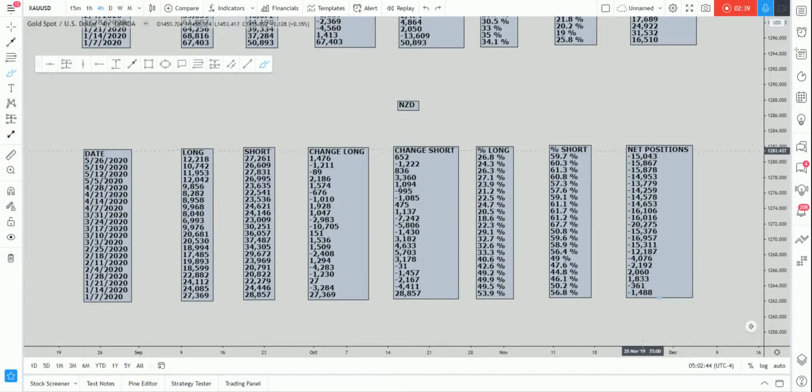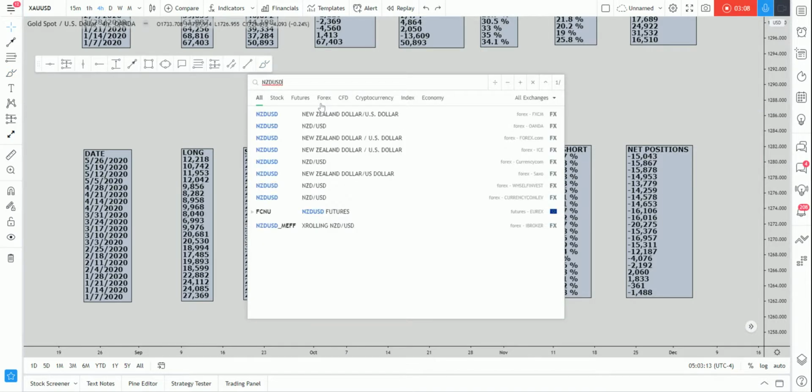Now, what we can see is that overall we are sitting at minus 15k net positions from the 2k positive net positions that we had here, meaning that we went from having more longs than shorts to having more shorts than longs on the NZD USD from an institutional perspective. Therefore, we can expect some NZD weakness. In fact, at the moment we're sitting at minus 27k shorts and plus 12k long positions.